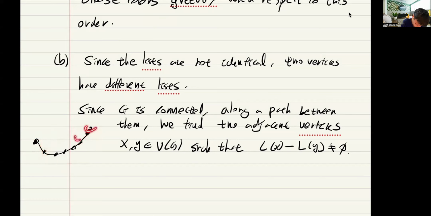And because this and this have the same list, so you have this path. You keep moving on. And at some point, it might collide. So all of these have the same list, and this is what you wanted. And once you have two adjacent vertices with different lists, then one must have an element that the other doesn't have. That one is your x, and then the other one is y.